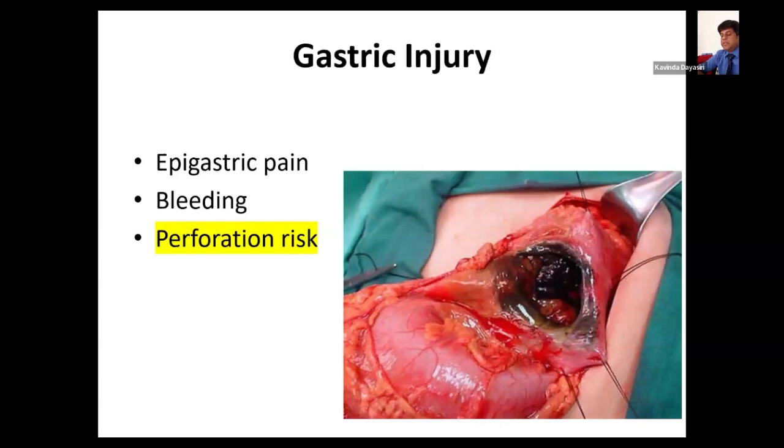In the picture, you see a perforated stomach from alkali. This can act in cascade, resulting in metabolic acidosis, electrolyte imbalances, and it can cause acute kidney injury as well as shock.